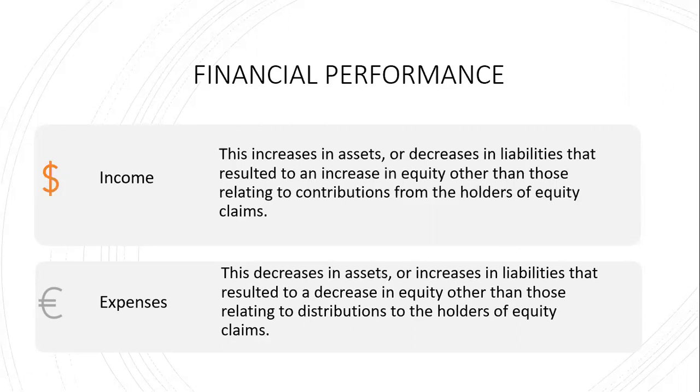Expenses are costs related to production or office transactions of the company, the gastos of the company. So again, financial performance or the income statement is a composition of income and expenses.